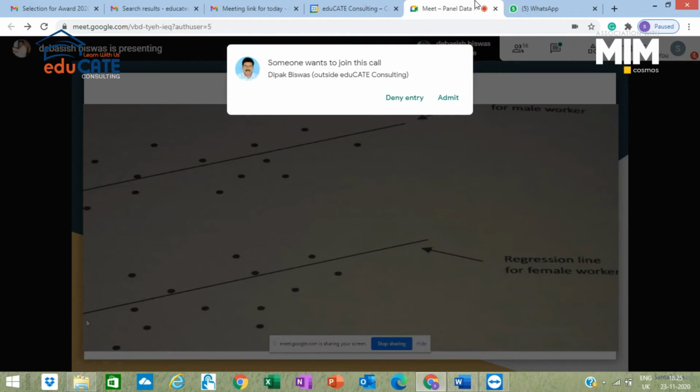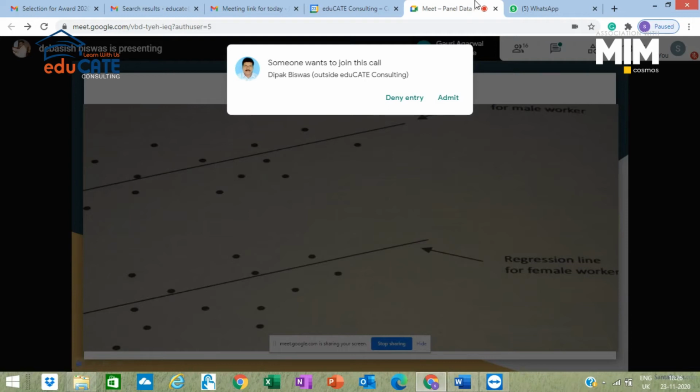This is the intercept of female worker, and this is the intercept of male worker, right? And the second is, when we establish a regression equation, two things are very important. One is intercept and the second one is slope. Intercept means constant, and slope varies.